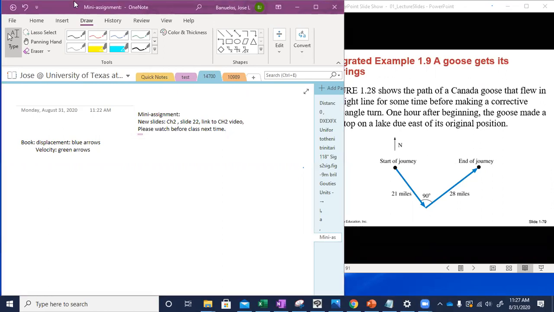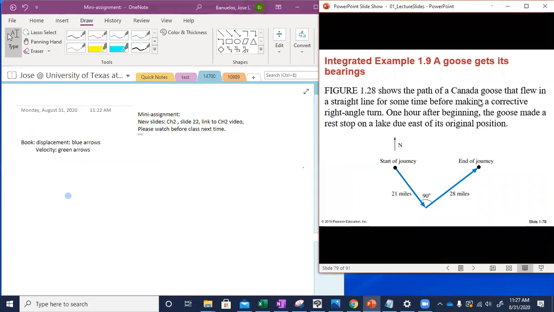Hold on, let me just try something real quick, because I'm wondering if I can use the zoom tool instead. Maybe not. Oh well.